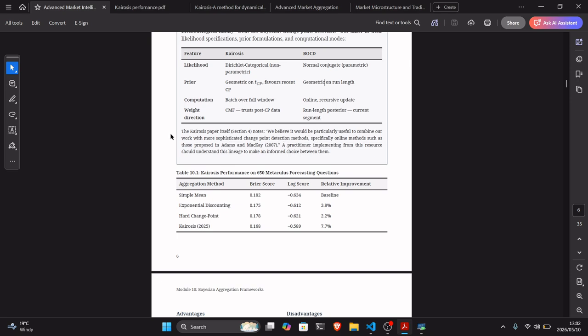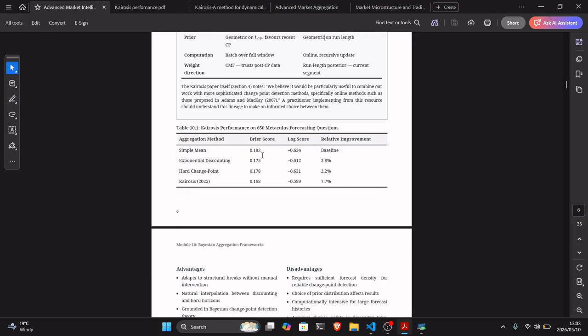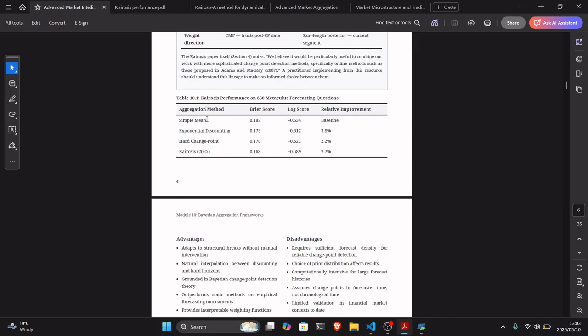Let me read it again. The kairosis paper itself, at section 4, notes, we believe it would be particularly useful to combine our work with more sophisticated change point detection methods, specifically online methods such as those proposed in Adams and MacKay 2007. Now, here's the data.